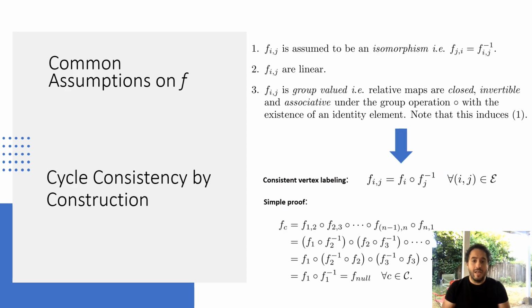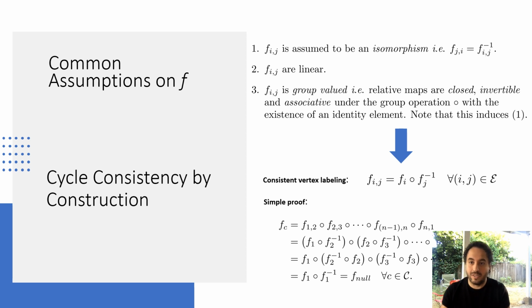So I have been speaking of these Fs, and of course, we can have certain assumptions on them. We can observe what computer vision people use and derive conclusions from this. First of all, it's very common to have an isomorphism.